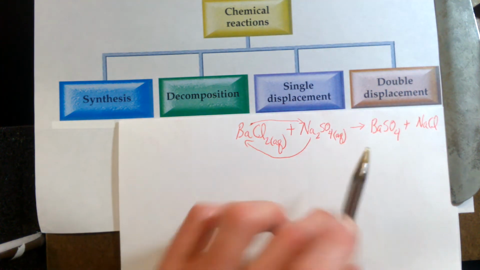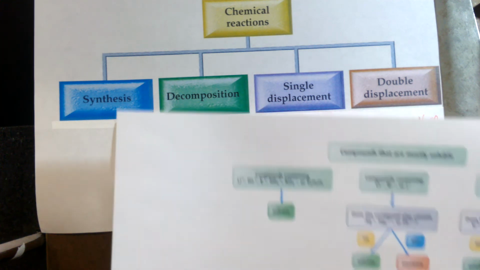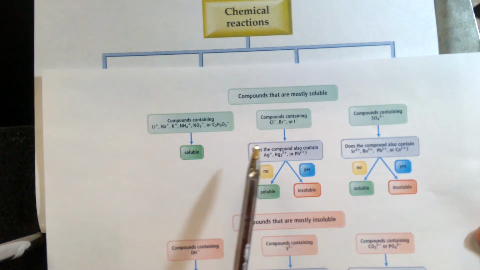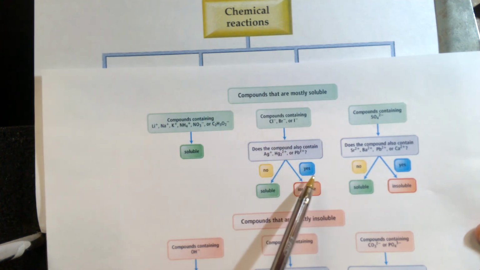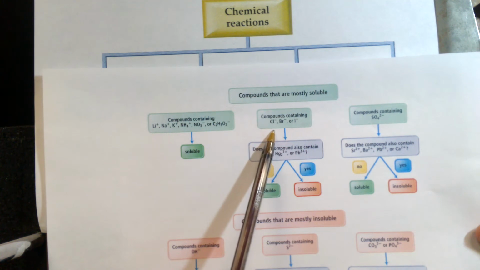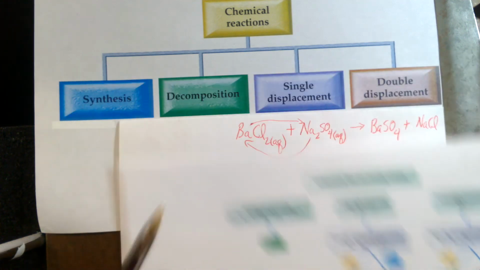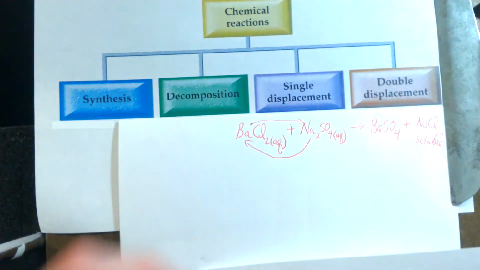But first, before we even balance this equation, let's check our solubility tables to see if precipitation occurs. So we'll first look up the sodium chloride. We know it's table salt, so we know it will dissolve. It is soluble. Chloride compounds are soluble. Ours contains sodium, which is soluble as well, so it will not precipitate.